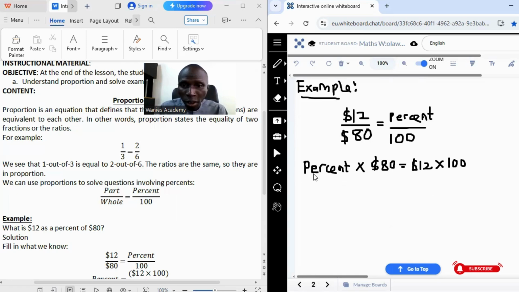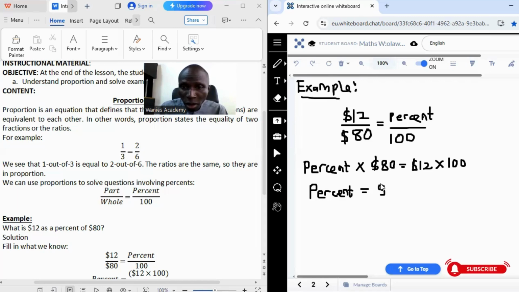From here, we're going to divide both sides by $80. So we're going to have percent to be $12 times 100, which is $1,200.